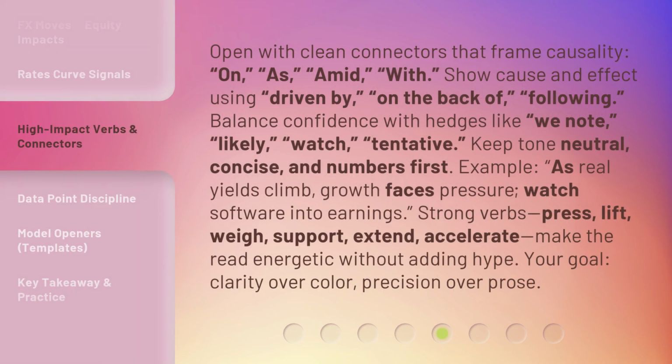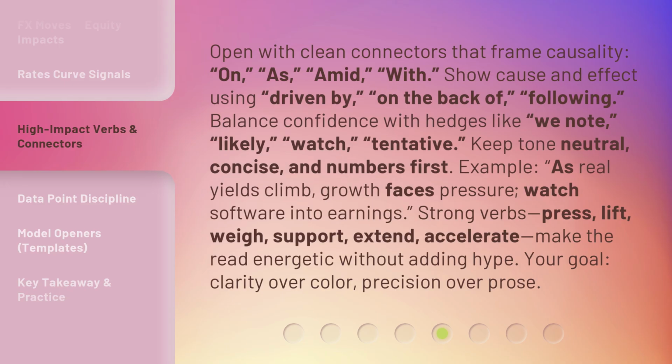Open with clean connectors that frame causality: on, as, amid, with. Show cause and effect using driven by, on the back of, following. Balance confidence with hedges like we note, likely, watch, tentative. Keep tone neutral, concise, and numbers first.